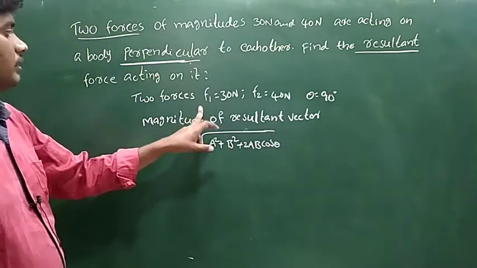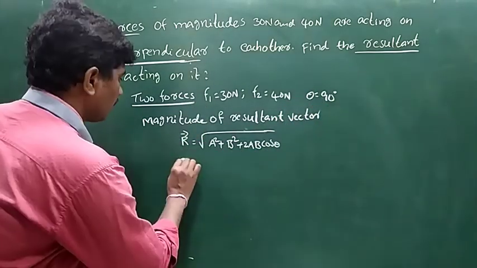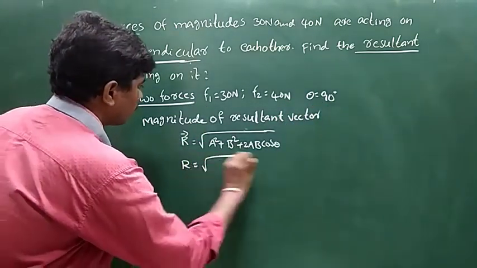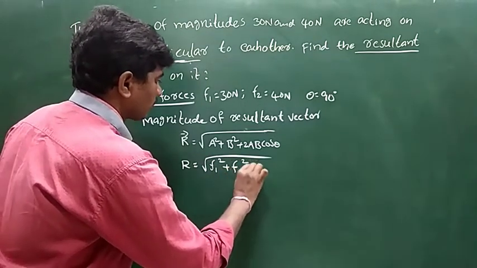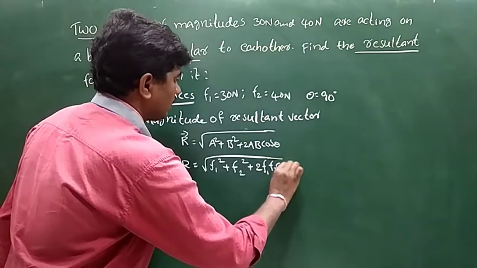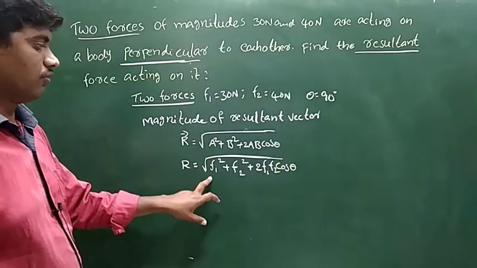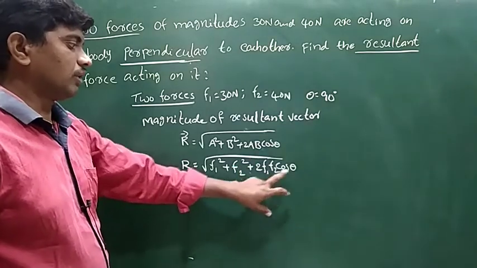In this problem the two forces are F1 and F2, so R equals the square root of F1 squared plus F2 squared plus 2 F1 F2 cos theta.